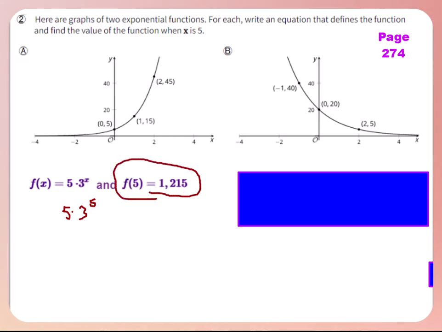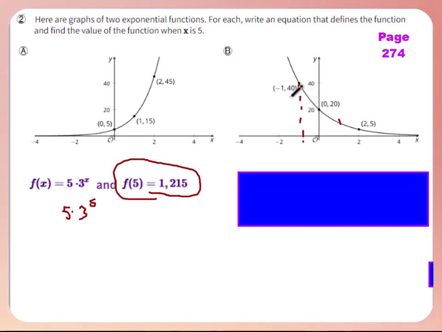All right, now let's look at function b. We're going to start with an initial amount of 20, and then it's going down from 20 to 5, but that's an increment of 2. This right here would be -1.